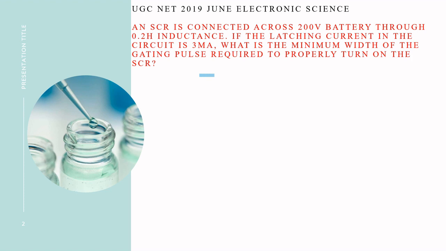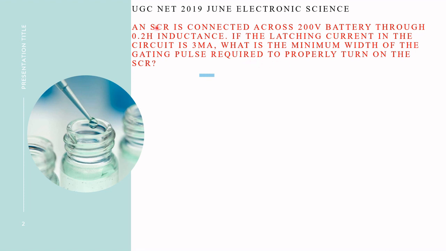So what is the question? The question is, an SCR is connected across 200 volt battery through 0.2 Henry inductance. If the latching current in the circuit is 3 milliampere, then what is the minimum width of the gating pulse required to properly turn on the SCR?